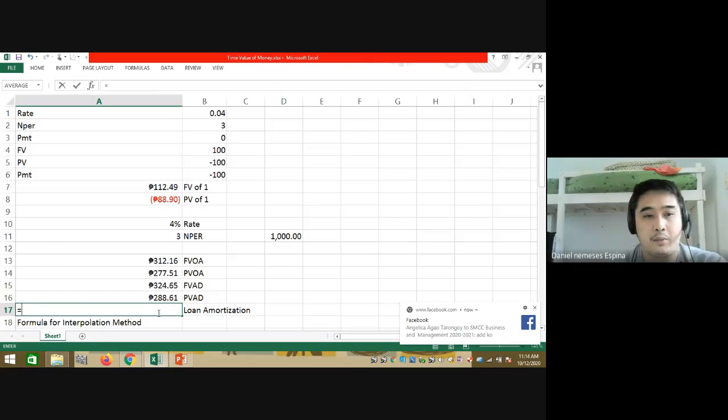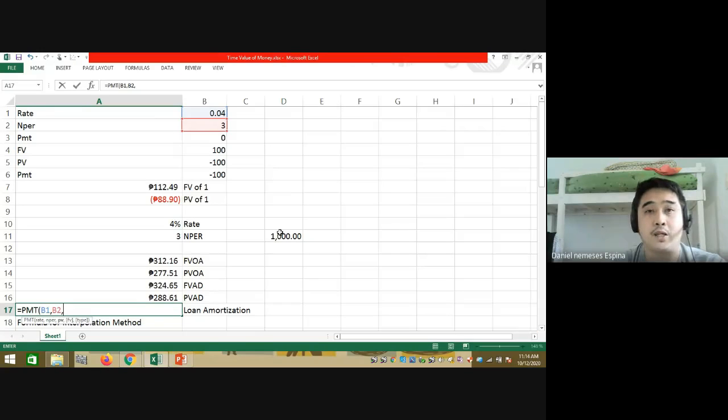Equals PMT for payment, open parenthesis, that's the rate. Okay, so let's say rate is 4%, interest expense. NPER is also 3 years nga imong bayaran. Now for PV, the loan proceeds, kanay imong giutang, that's actually the present value.